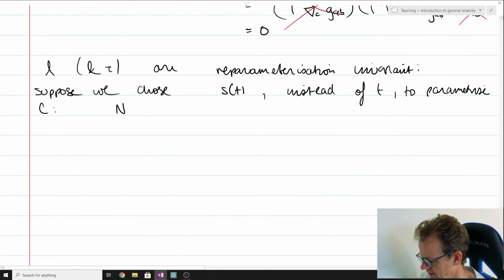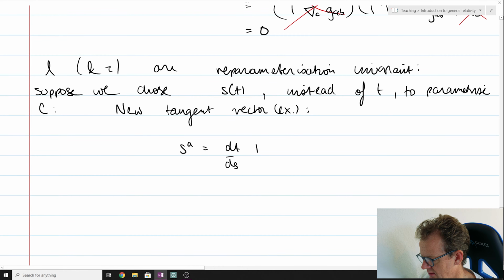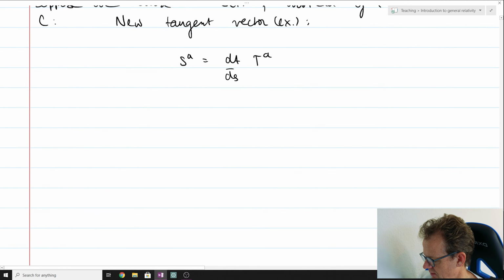Then the new tangent vector S^a is (dt/ds) T^a. A little exercise for you: you pretty much have to go to charts. That's one way to convince yourself of this transformation law.